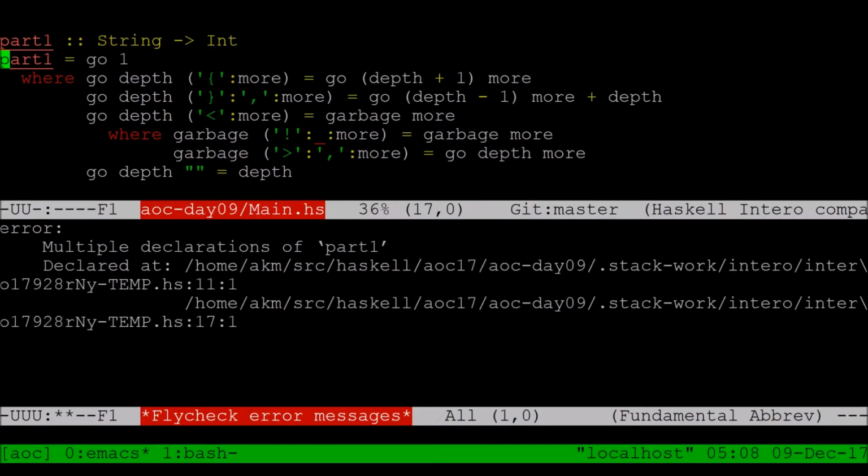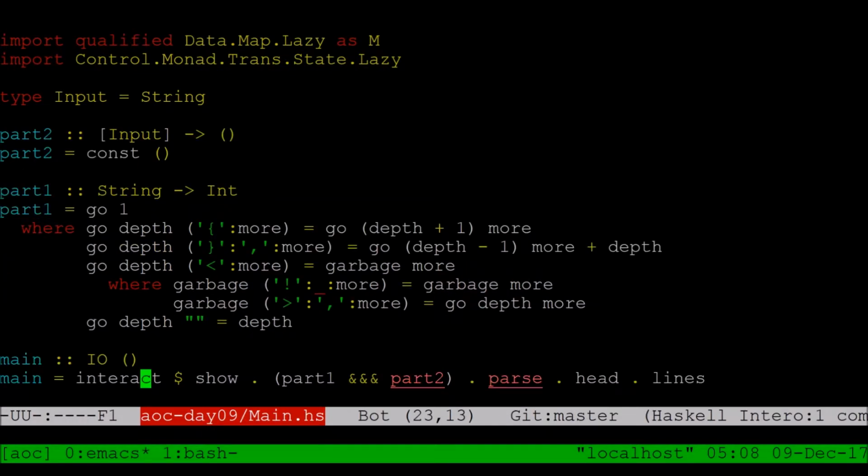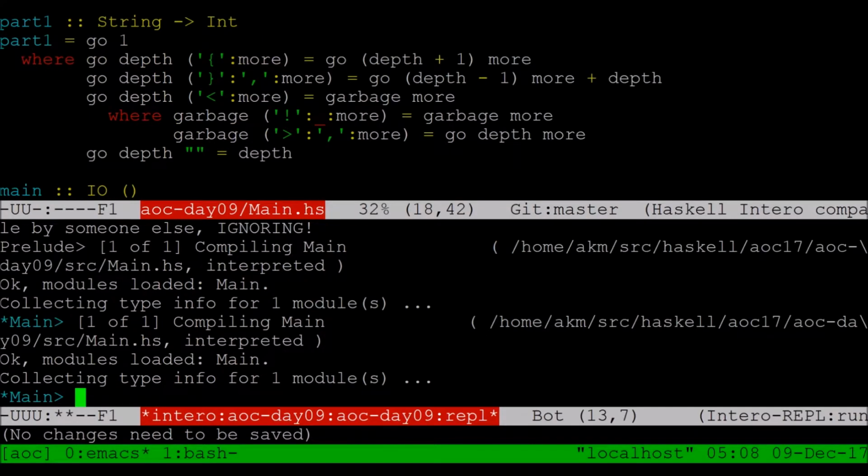Why are we upset here? Multiple declarations of part 1. Okay, this looks promising. It compiles.